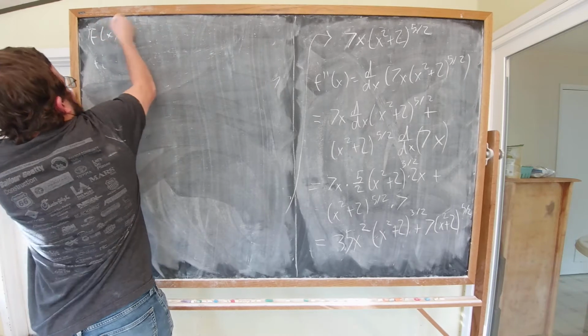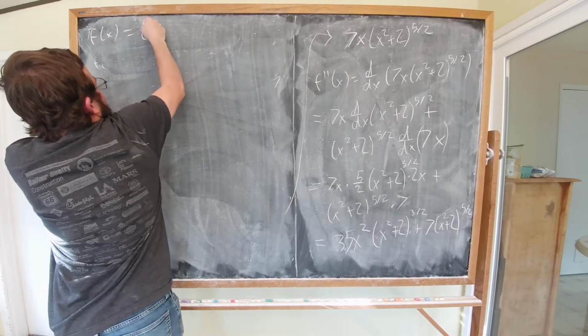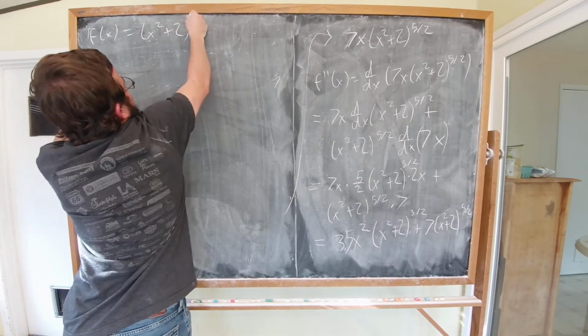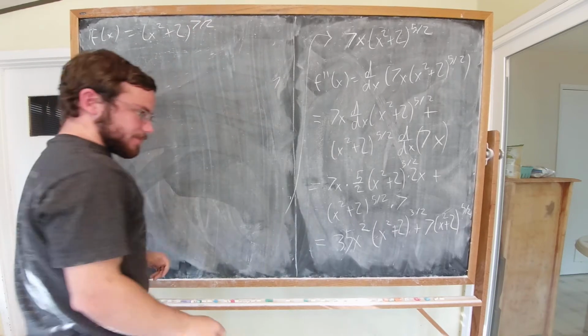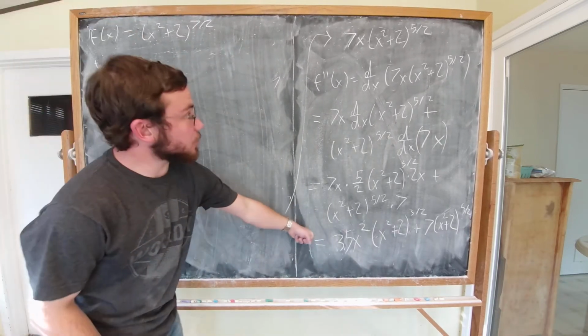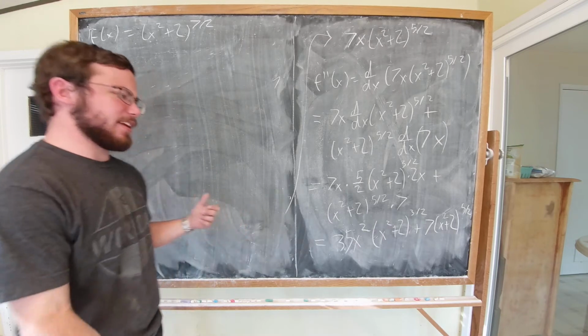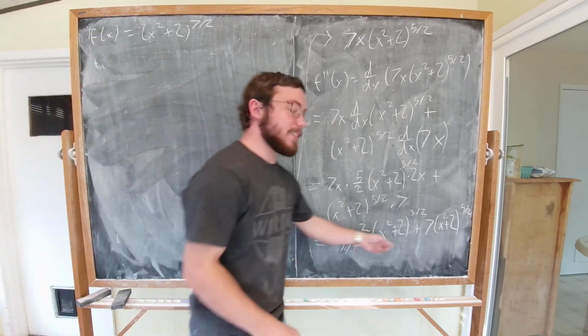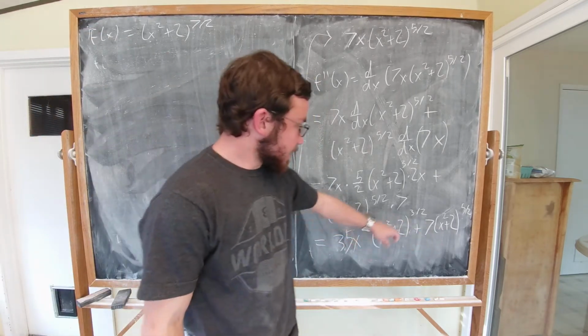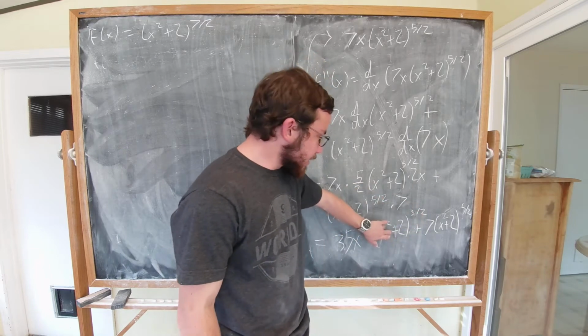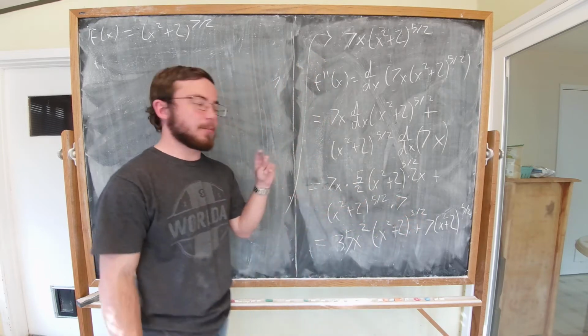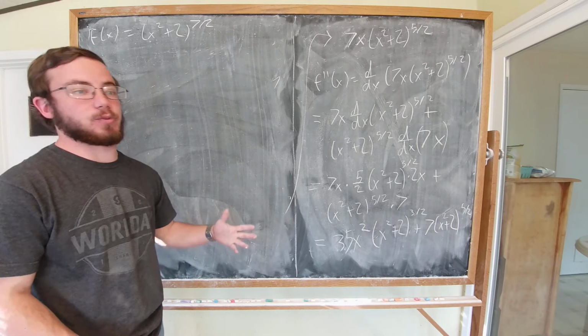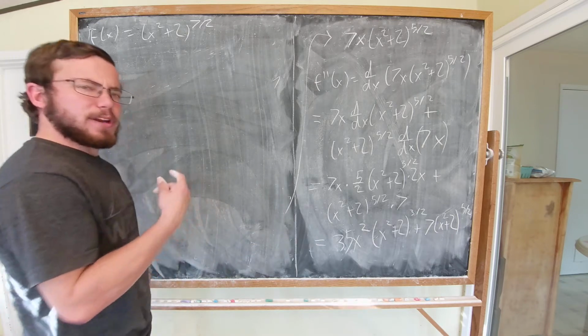So let's remember, our original function was (x squared plus 2) to the 7/2. Okay, this is our second derivative. We need to solve when that is equal to 0. Let's note, it's never undefined, since even though we have square roots flying around, x squared plus 2 is always positive. So nothing ever goes wrong. Solve when it's equal to 0.